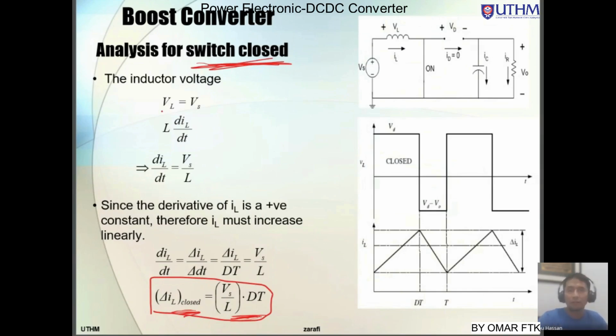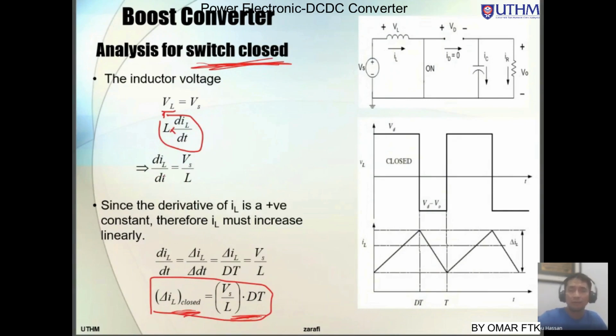First we replace this VL with this one. Then we get this, where L, the inductor value, we move to the Vs side, so it is over L. Because it was multiplied, when we move it to the other side we have to divide.